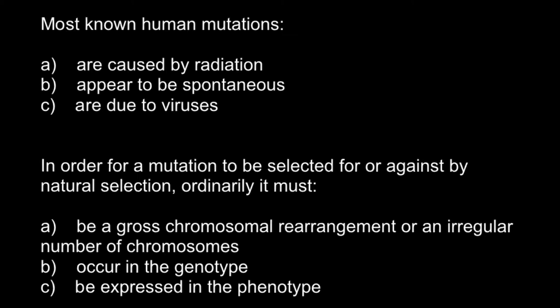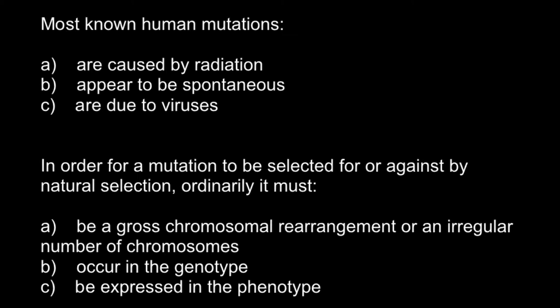Answer A, are caused by radiation. It is true that radiation is one of the main causes of mutations in cells. Radiation can actually kill cells, but a small amount of radiation can cause mutations in the cell.